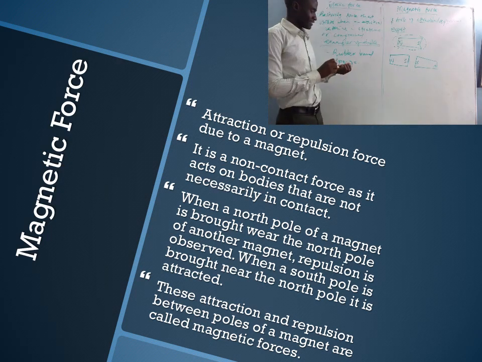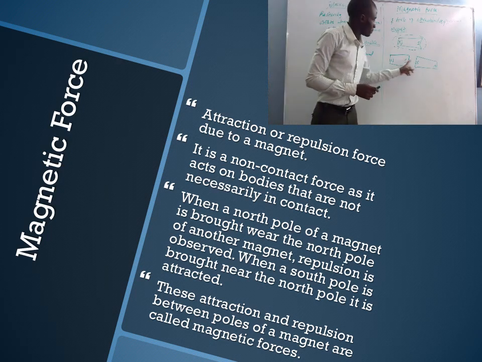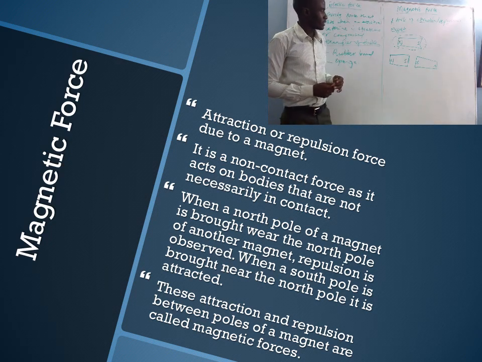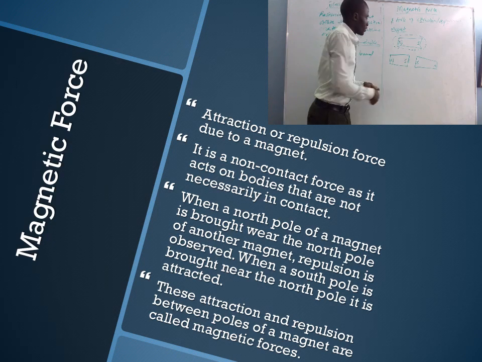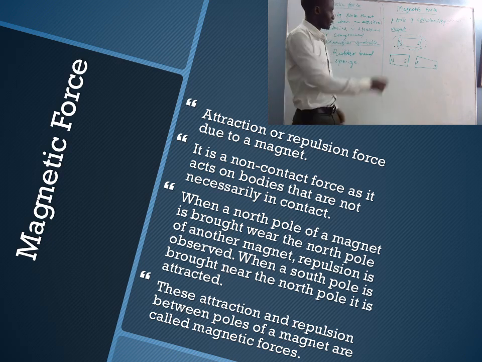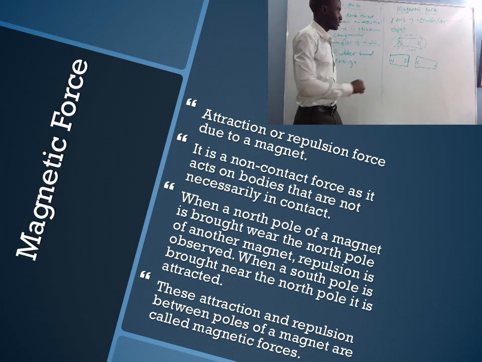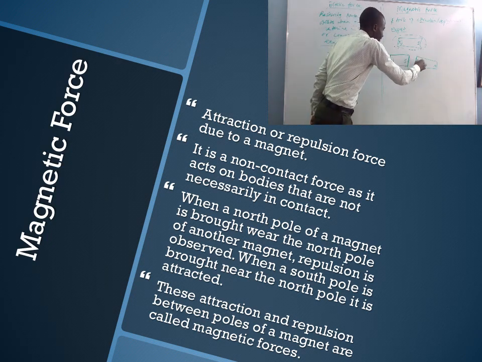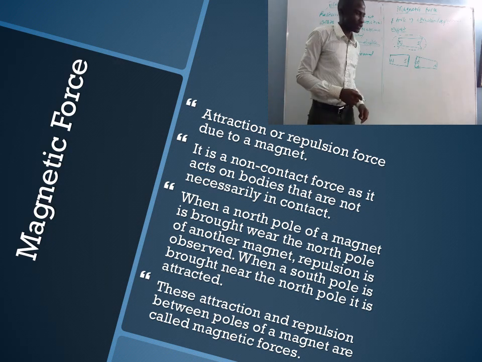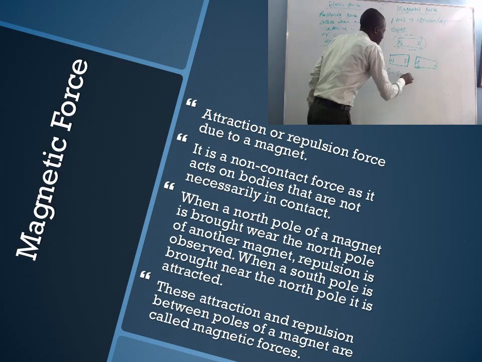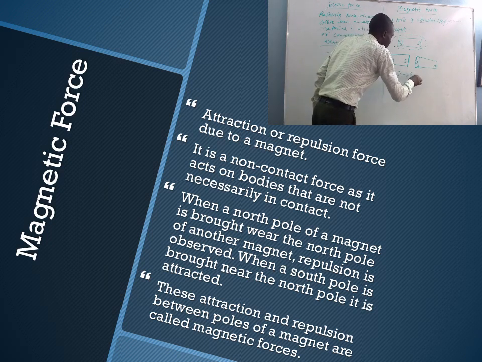Then we expect that these two bar magnets will be repelled from each other. In other words, there will be no attraction. Why? Because this side is a south pole, while the other bar magnet's extreme end is also a south pole. Therefore, a south pole and a south pole will repel.